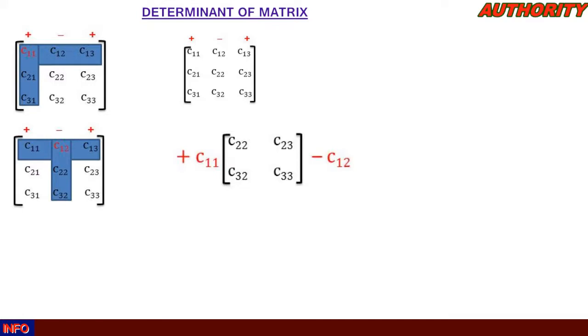So as you pick this C12 and cover first row and second column, what are you going to have? You are going to have C21, C23, C31, C33. So we're going to write out this matrix. We call this the minus.